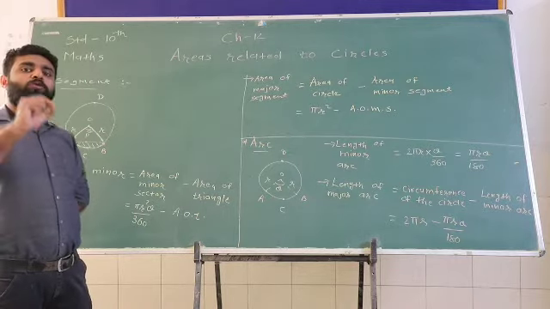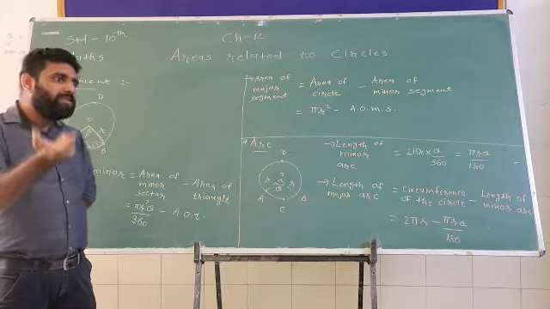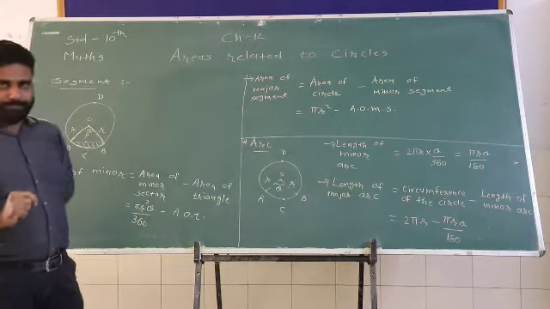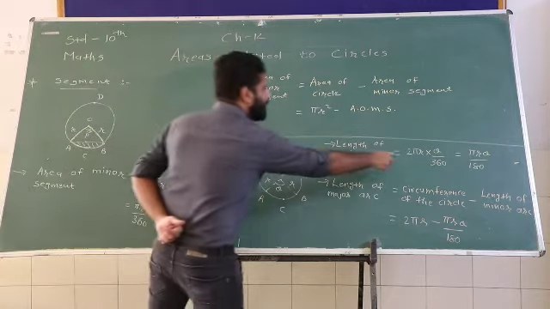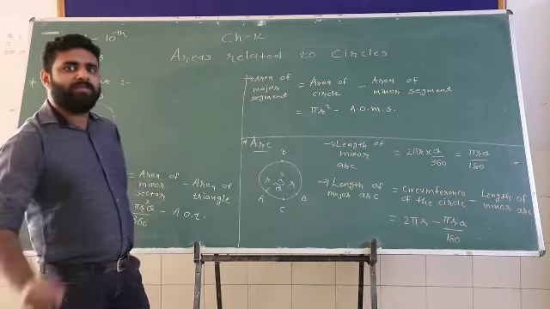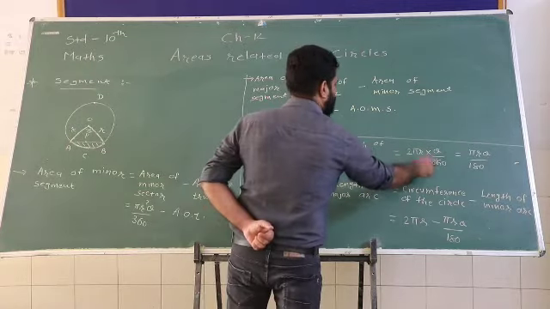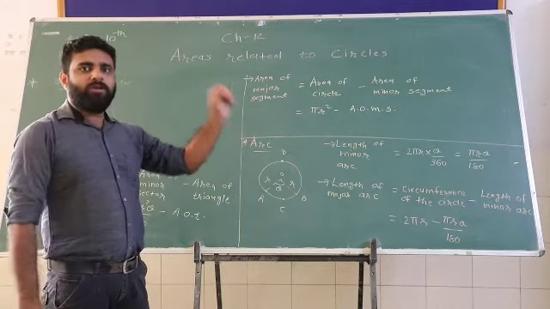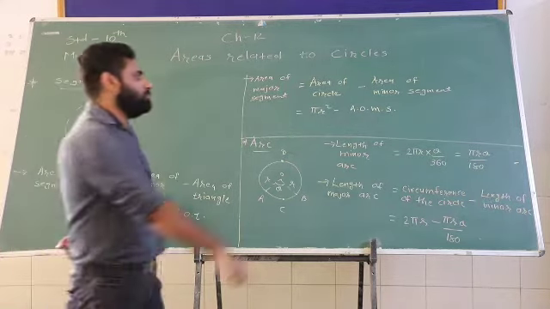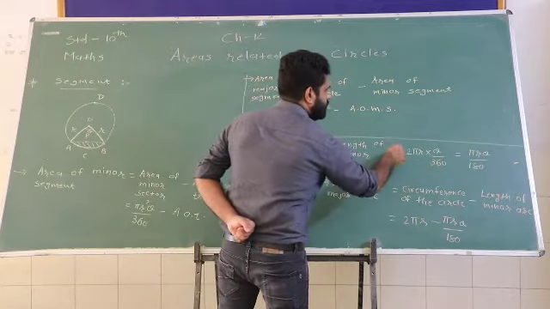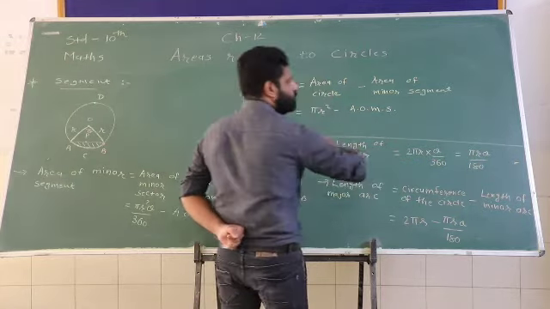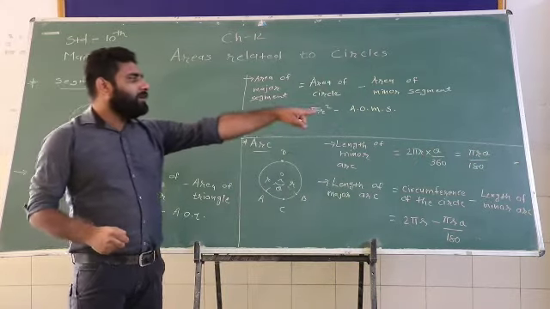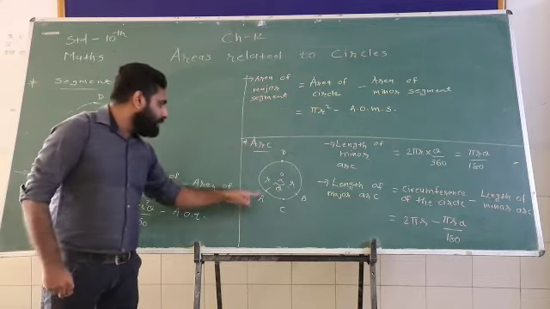What is the length of the whole circle? Length means the circumference of the circle, that is 2 pi r. So the length of the total circle is 2 pi r, but you want the length for angle theta only, theta out of 360, like the sector. So it will be 2 pi r into theta out of 360. Here cancellation will be there, you will get 180, so it will be pi r theta by 180. That is the formula for the length of the minor arc.